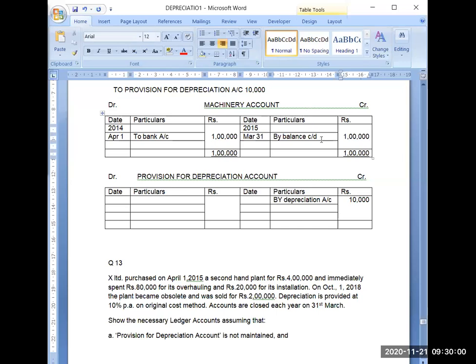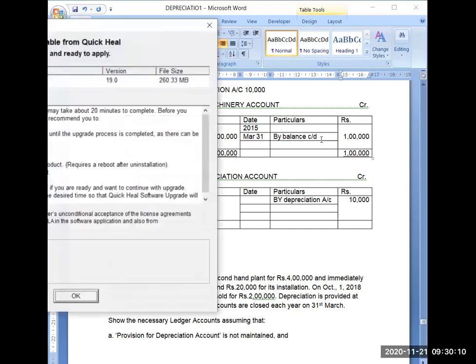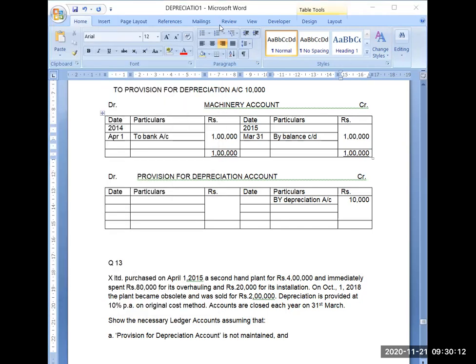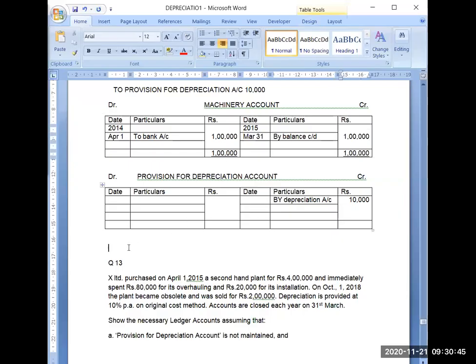So the balance in machinery account is 1 lakh. But now if I ask you what is the written down value of machinery, what will be your answer? Yes, very good.